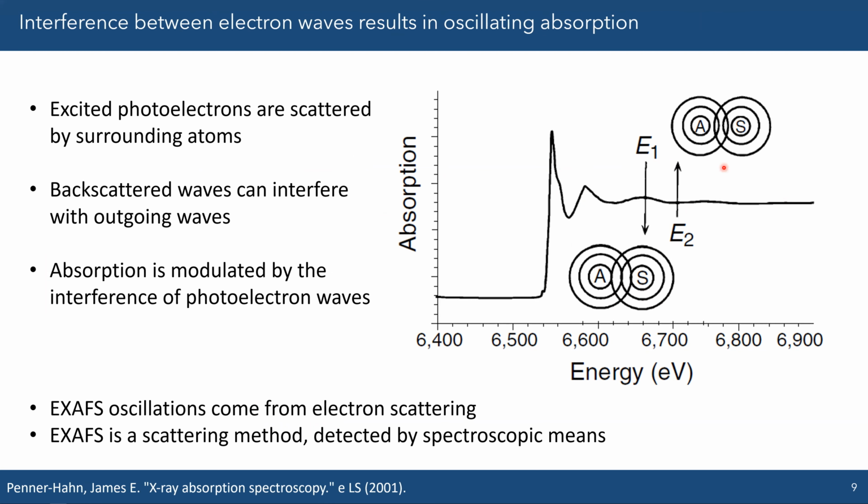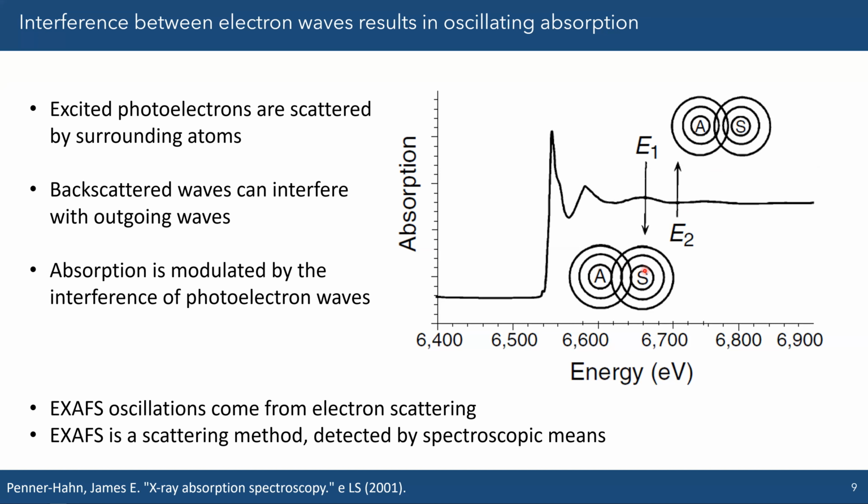And what's causing these wiggles is basically when your X-ray interacts and kicks out a core electron from your atom, that electron, which is basically an excited photoelectron, scatters around nearby surrounding atoms.